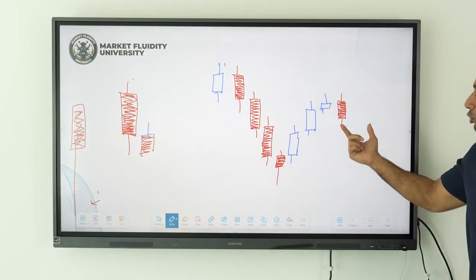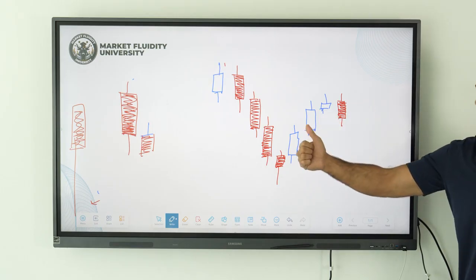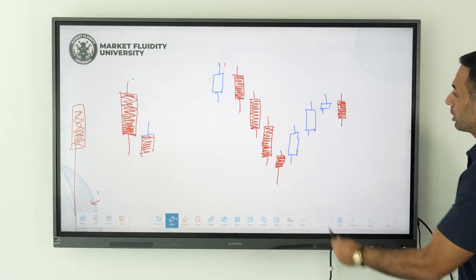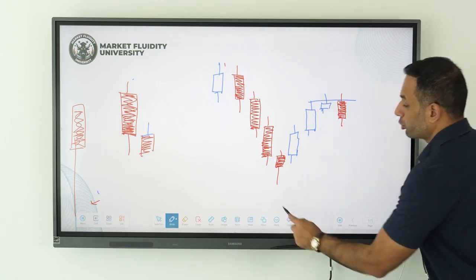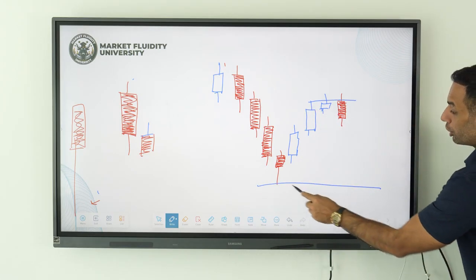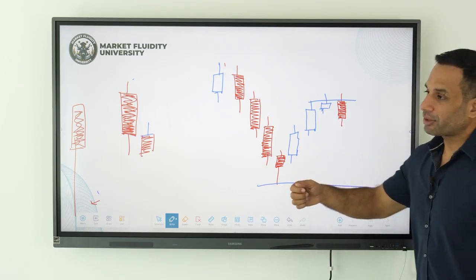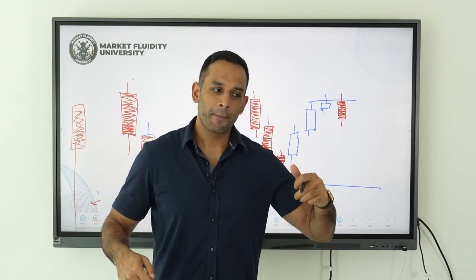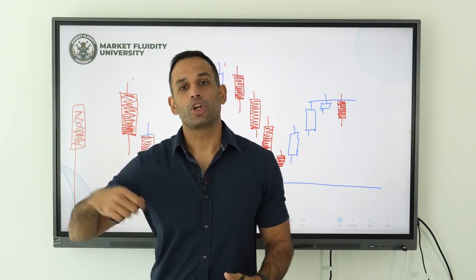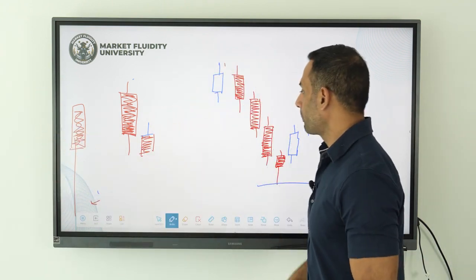When you have this confirmation, where we are creating that resistance, and we do have this low to retest, because whenever price is in momentum and there's volume in the market, there's a very high probability price will retest the high or retest the low. That's going to happen all the time, right?